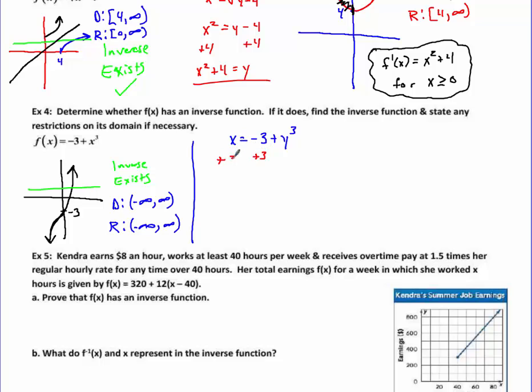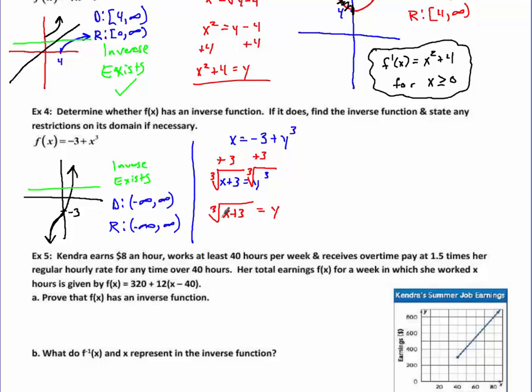Plus 3, plus 3. X plus 3 equals y cubed. Well, the only way to get rid of a y cubed is to cube root both sides, right? So we get the cube root of x plus 3 equals y.